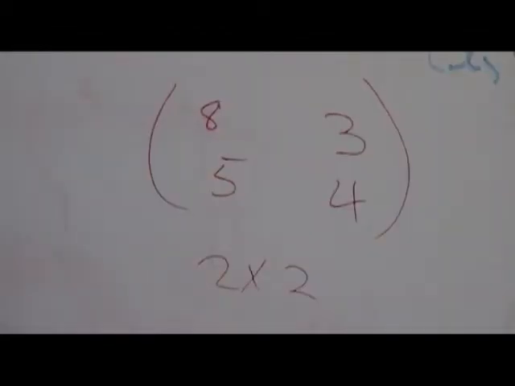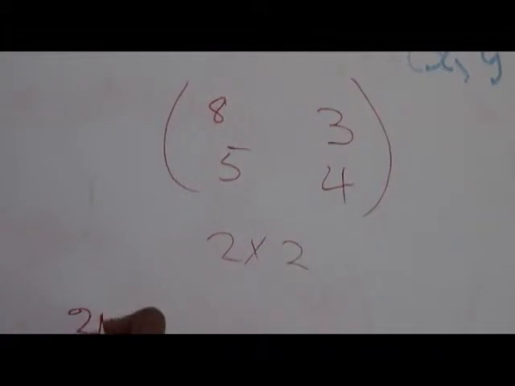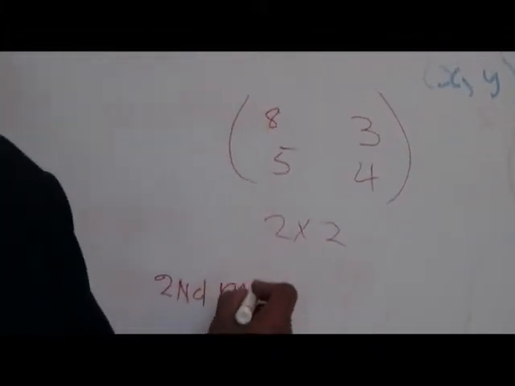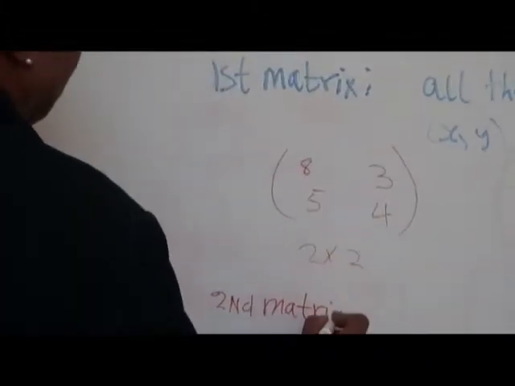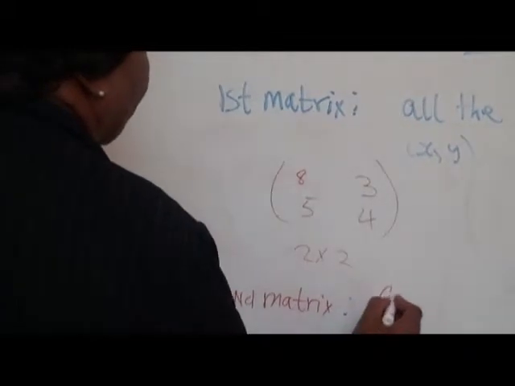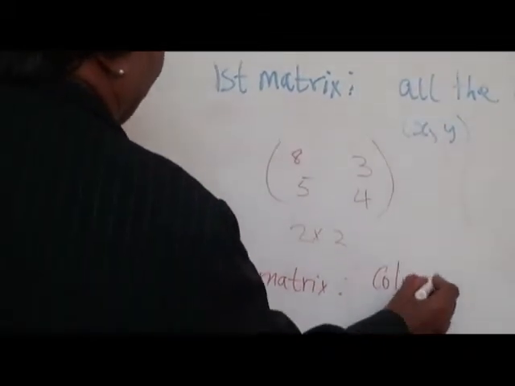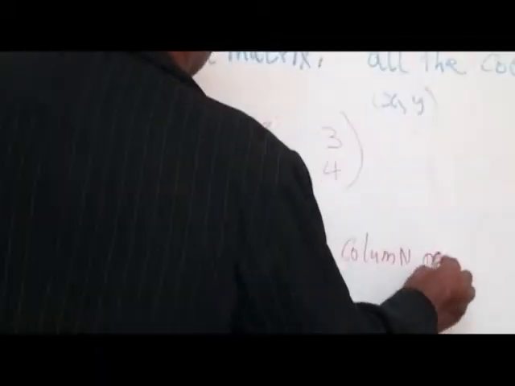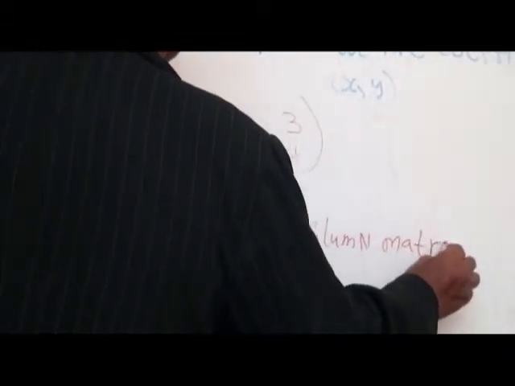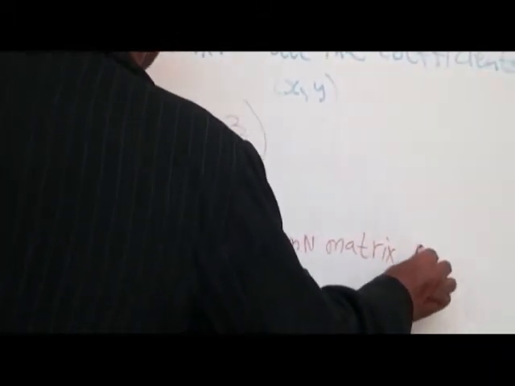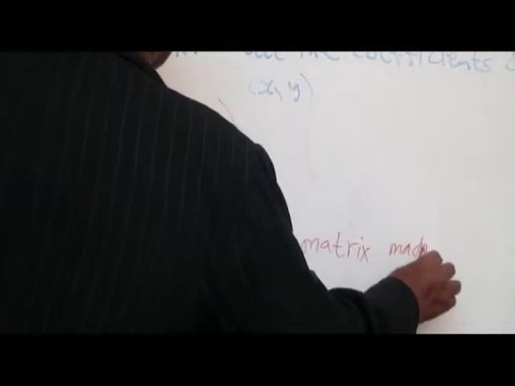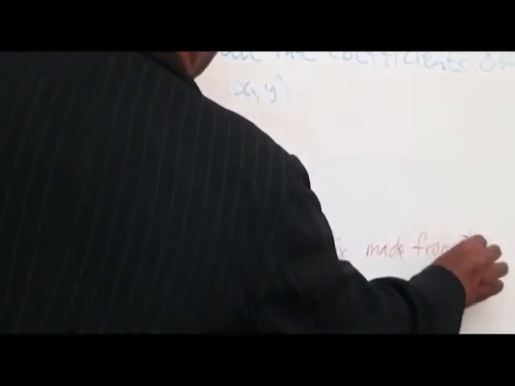The second matrix is a column matrix made from the variables.